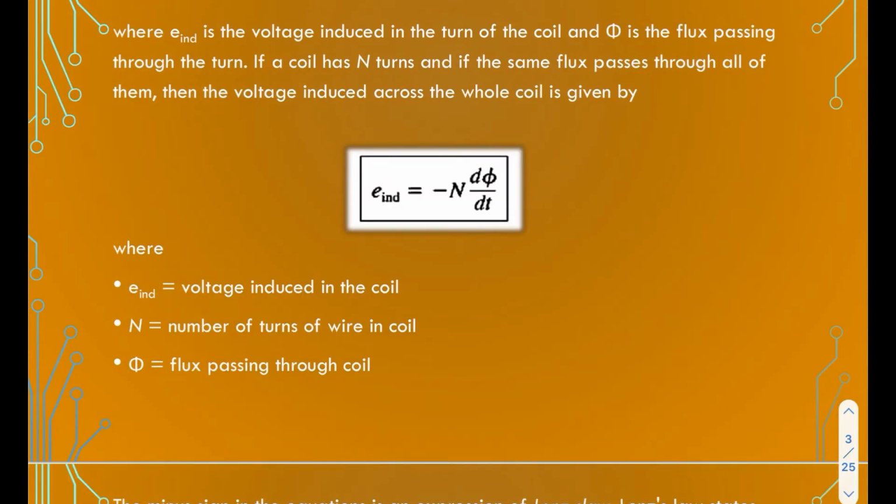Where E induced is the voltage induced in the turn of the coil, and flux is the flux passing through the turn.